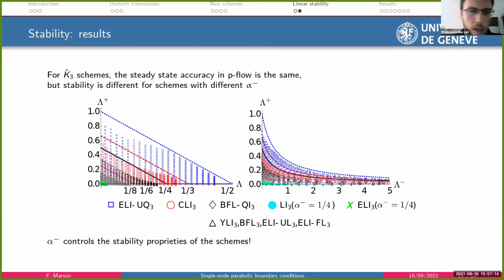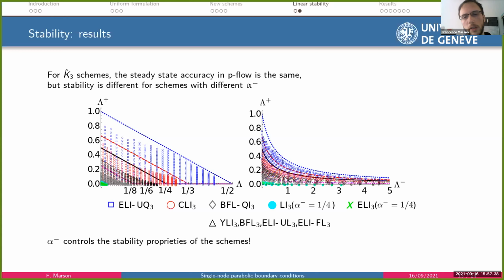Here I show a result, comparing our condition of stability, plotted with lines, and the actual unstable simulations with the different schemes in a P-flow. As you can see, we can correctly predict the stability regions of the schemes.